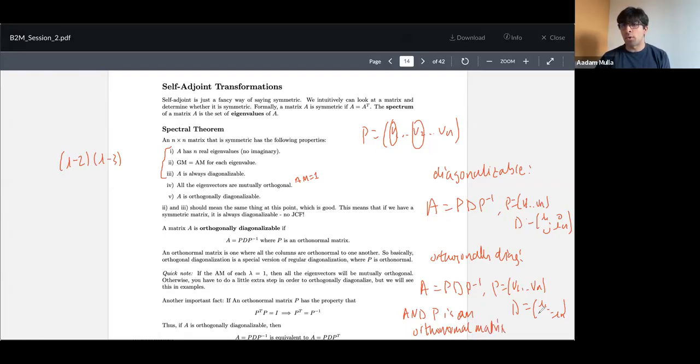It just means that all of the columns are orthonormal to each other. So it's basically regular diagonalization with an additional specification: to orthogonally diagonalize something, you can't just give me P, you have to make sure the columns of P are orthonormal, orthogonal and normal. Now this is why 4 is quite nice, because for most of the cases when algebraic multiplicity equals 1, all the eigenvectors are going to be mutually orthogonal in the first place. So then you just have to normalize them, and then you can get your A equals P D P inverse.